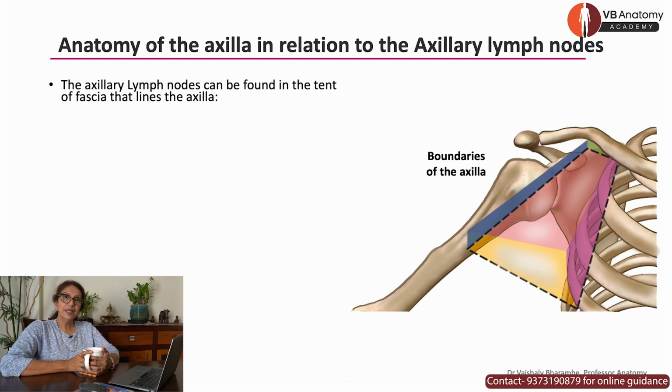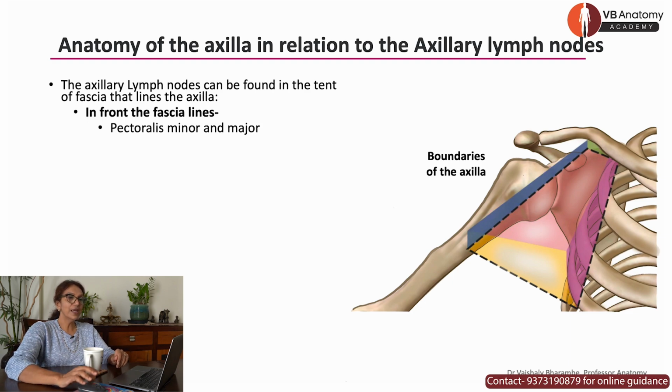So, understanding the breast means at some point you need to understand the axilla also, because that's where most of these lymph nodes lie. So, let's understand that the axilla is a pyramid-shaped structure. Anteriorly, it's lined by a fascia which lines pectoralis major and pectoralis minor.